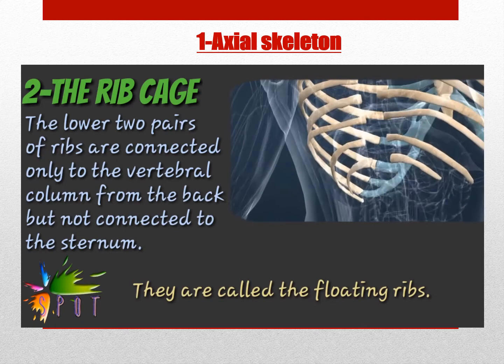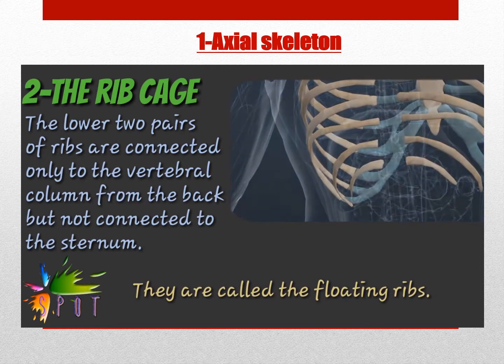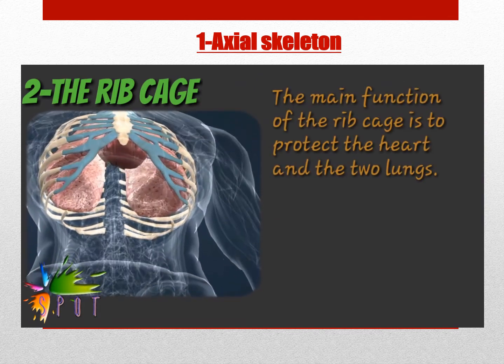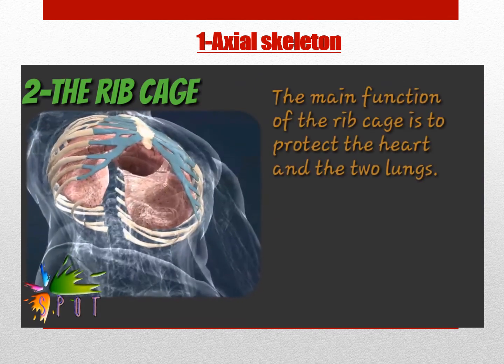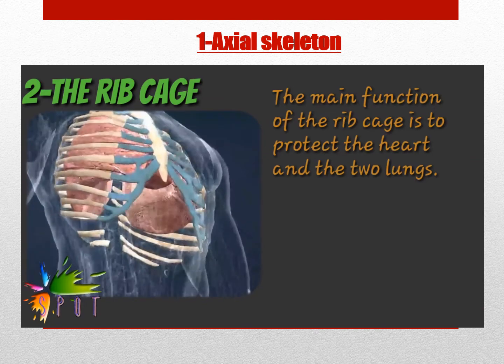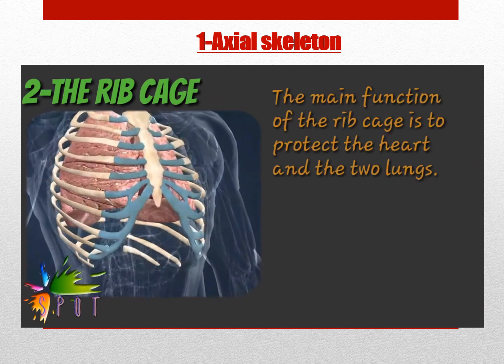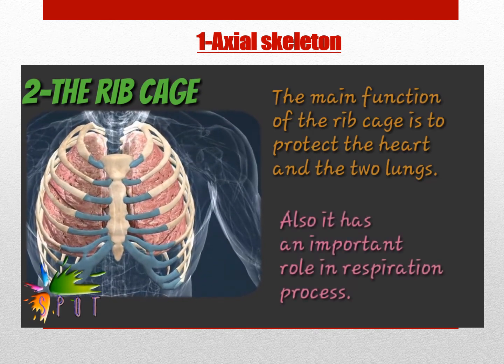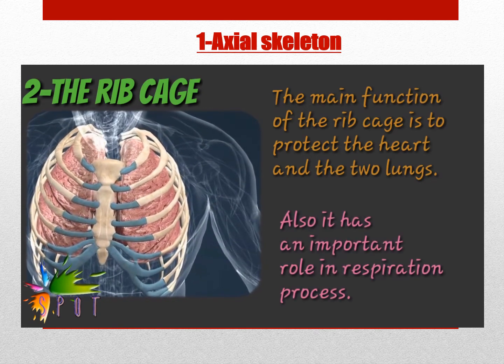Here we have the floating ribs, which are not connected to the sternum. The function of the rib cage is to protect the heart and the two lungs. So, it's very important for us.